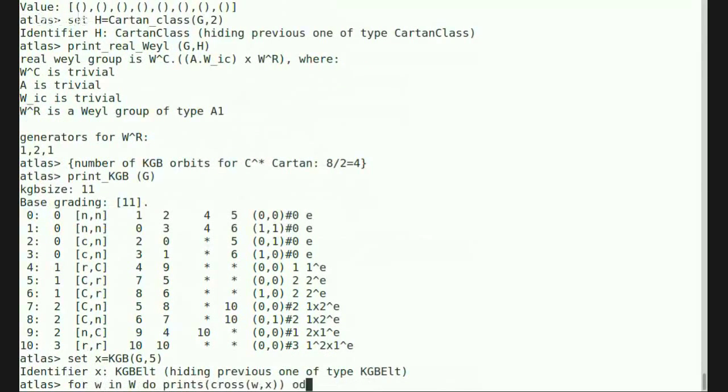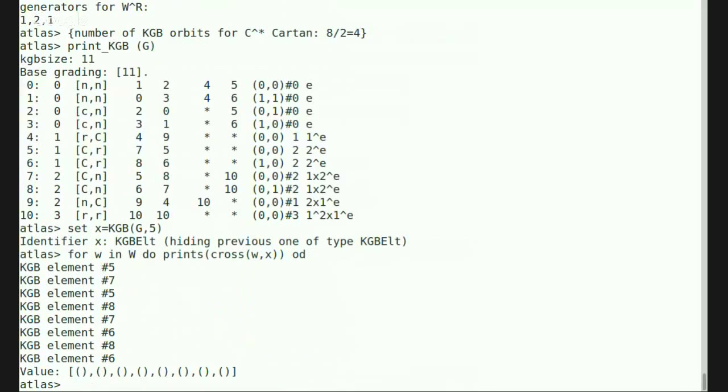And if we look at this Weil group action, we see that for number 5 the order of the stabilizer is 2, and explicitly the stabilizer is the identity and this element, which is the long simple reflection.